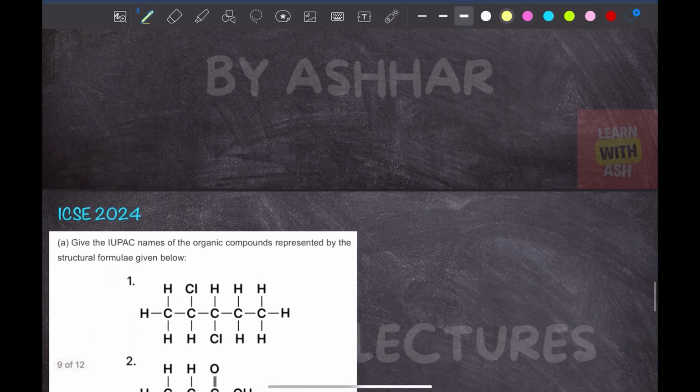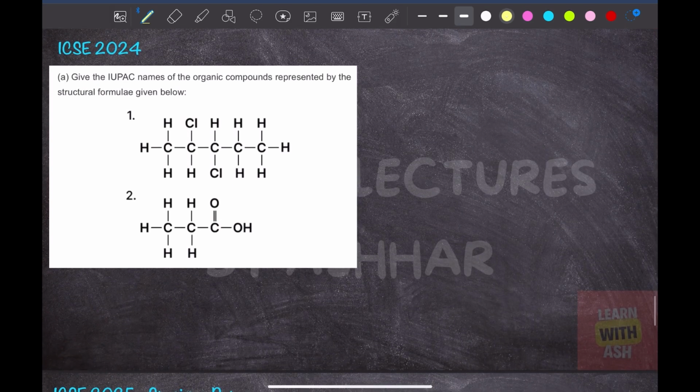Now let us move on to 2024 question paper. Now there is another thing present over here, which is chlorine and another chlorine. Again, the foremost thing is that both the chlorines must come at the lowest numbers of carbon. If I give numbering over here, 1, 2, 3, 4, 5, then according to this numbering, chlorine is coming at 3 and 4.